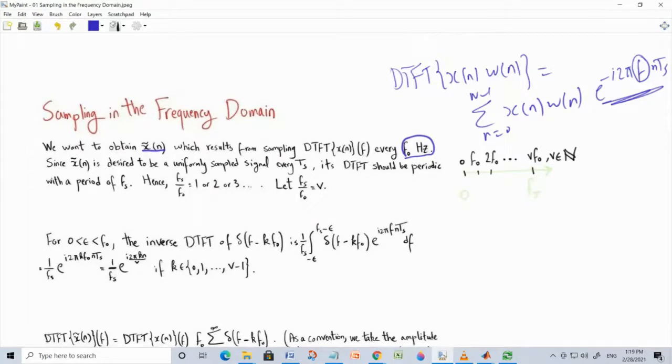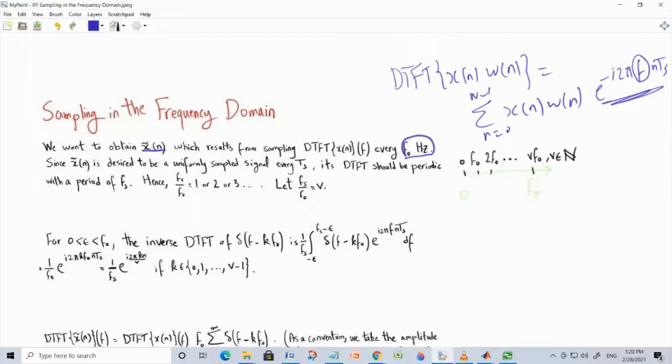We want the sampled spectrum to be periodic as well, repeating every Fs, because if we do not, the signal in the time domain becomes something other than a signal sampled every Ts. Every signal sampled every Ts has, by definition, a DTFT that repeats every Fs.